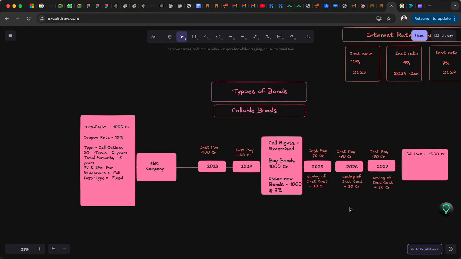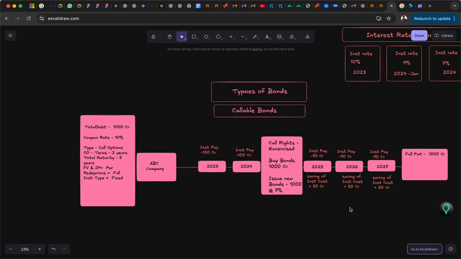Basically, you can repay the principal amount by saving extra interest cost. You can reduce your debt by almost 100 crores in the next 3 years. So this is how, as a founder, you can look for saving money. If you have the right strategy, only then can you save it. So saving money is a strategic decision.